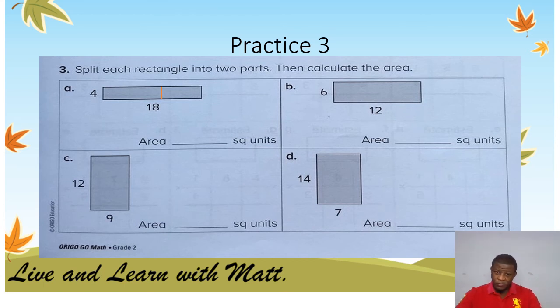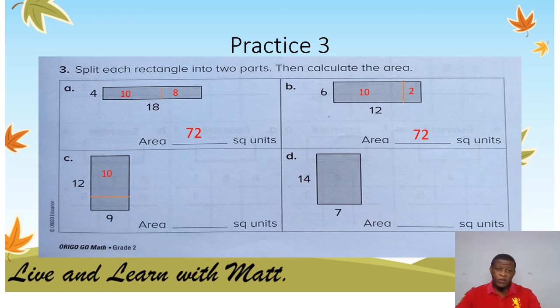That will give us 72. Part B. We split the rectangle as well. So we have 10 and 2. 6 times 10 is 60. 6 times 2, 12. Altogether will be 72.